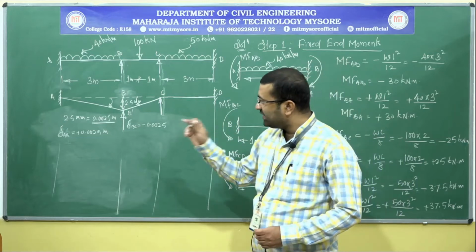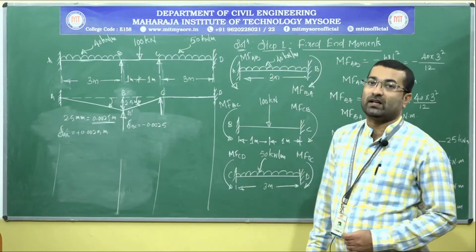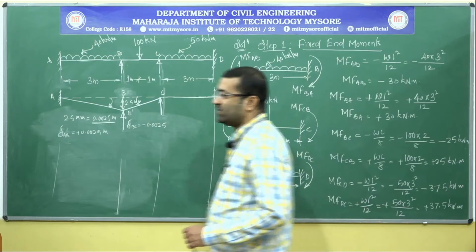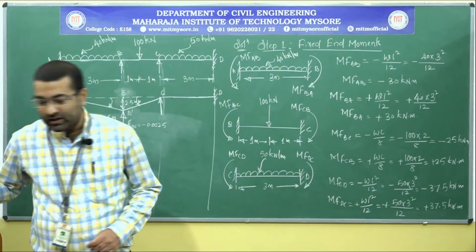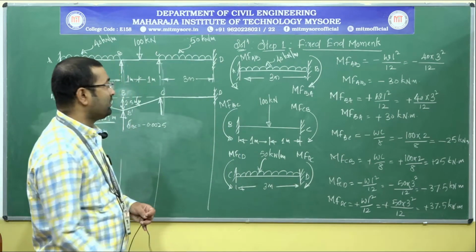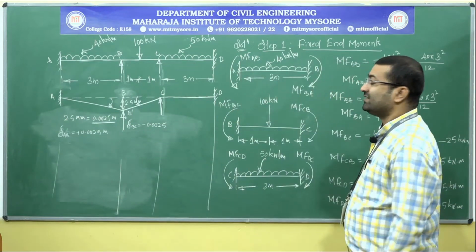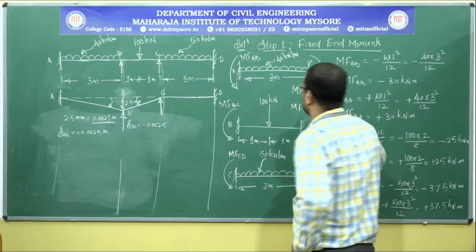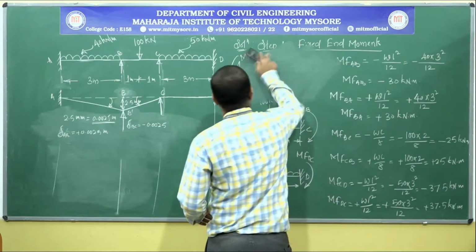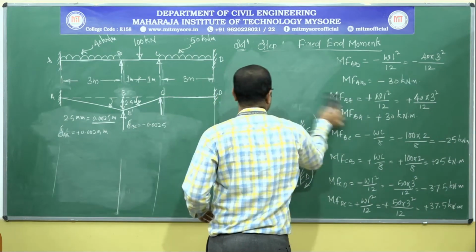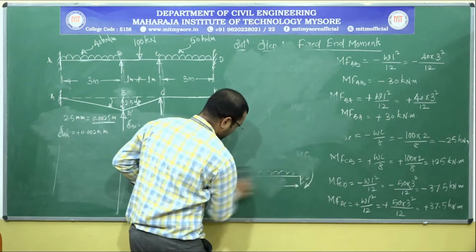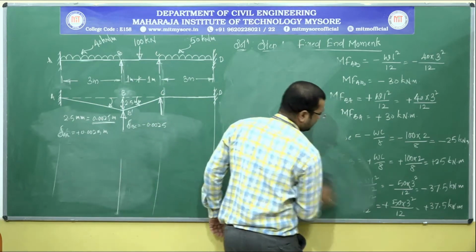So by considering these two values, we have to write the slope deflection equations for all the spans. For each span we have to write two slope deflection equations. Okay. So totally there will be 6 slope deflection equations. So let me start with the slope deflection, that is step number 2.